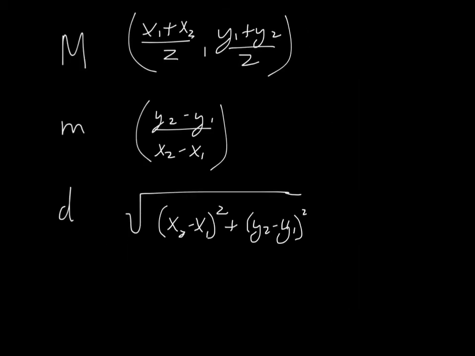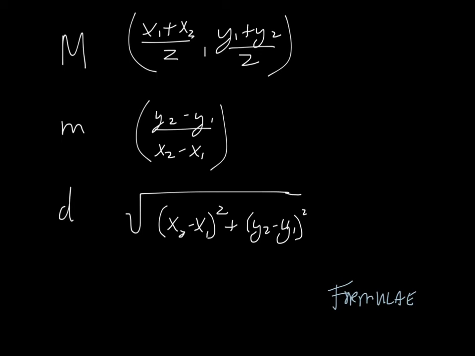And last but not least, let's talk for a second about formulas. Obviously, formulas will be given to you. One thing you need to remember is that with any of these points, notice how they all have those little subscripts: y2, y1, x2, x1.